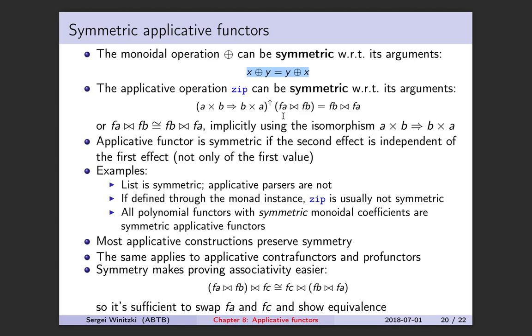Now, if you want to apply the same property to zip, so I would use this notation for the zip operation, you cannot literally say that FA FB must be equal to FB FA, because there are different types. So you need to map the types by rearranging the types, because this is going to be of type f of AB, and this is going to be of type f of BA. But if you implicitly say that this isomorphism is included in the equivalence, then you could write it like this.